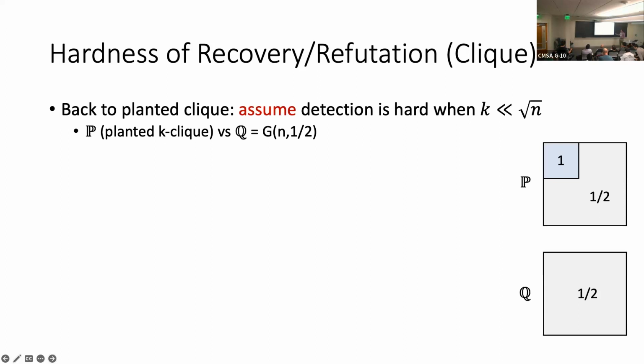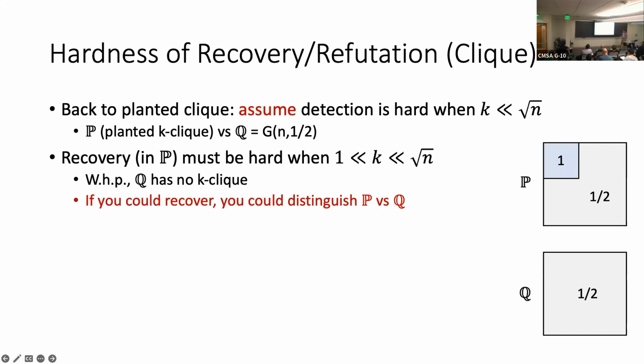So in planted clique, let's assume for now that detection is hard when k is smaller than root n. This is the planted clique hypothesis that's, I would say, widely believed at this point. No one has disproved it in a number of years. So we're assuming it's hard to test these two things, planted clique versus random graph. I want to now argue that recovery also has to be hard when k is smaller than root n.